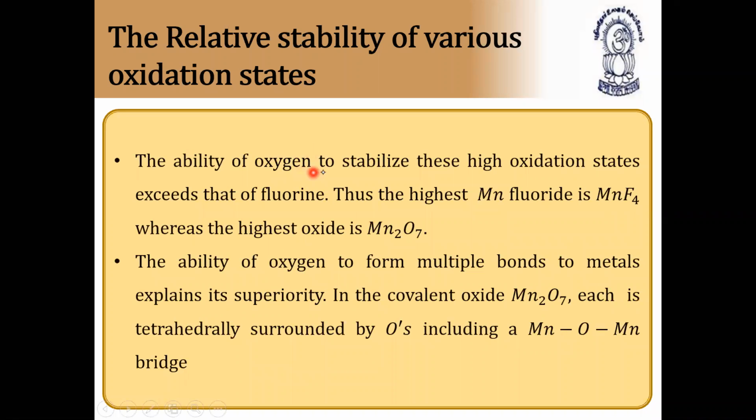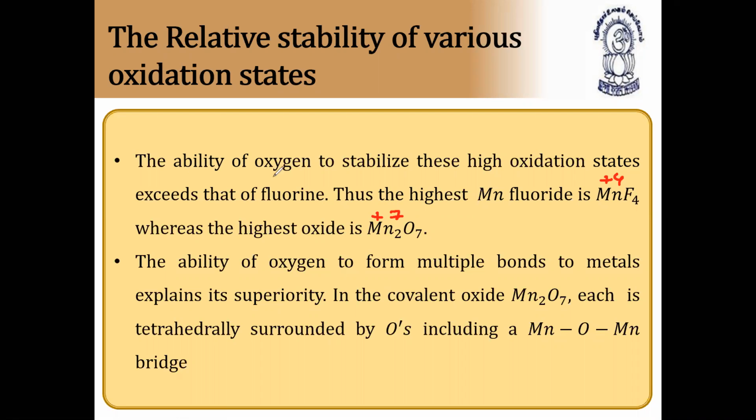The ability of oxygen to stabilize these high oxidation states exceeds that of fluorine. Thus, the highest manganese fluoride is MnF4 only, whereas the highest oxide of manganese is Mn2O7. In MnF4, it is plus 4 state, and in Mn2O7, it is plus 7 state. So what is the point here?